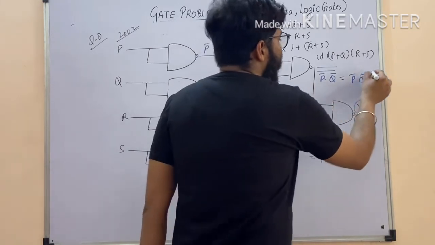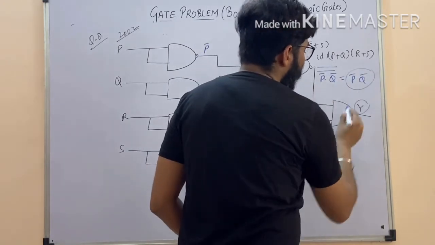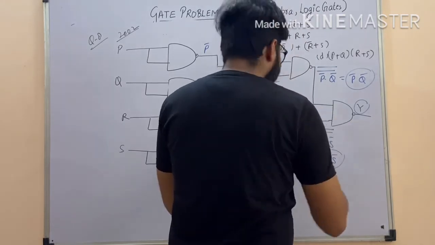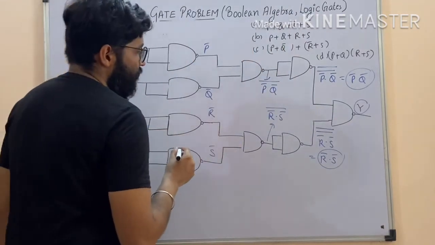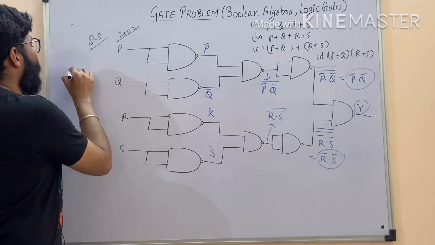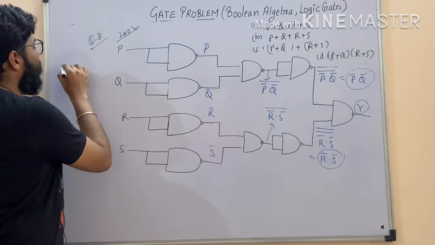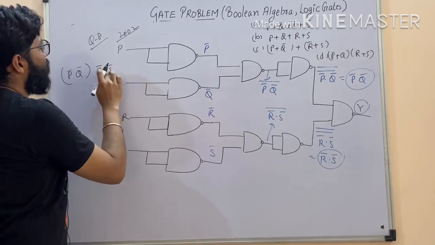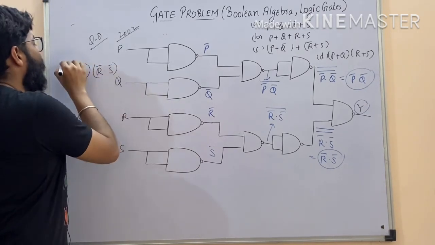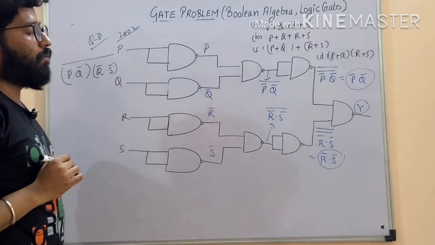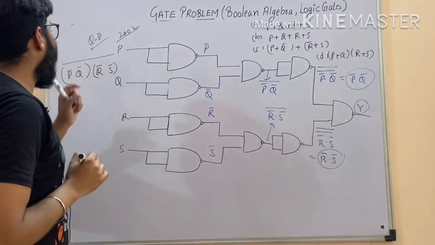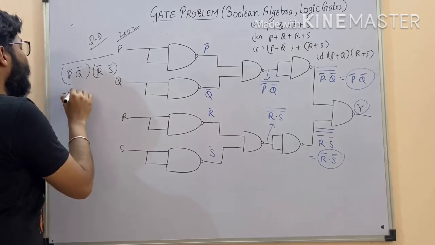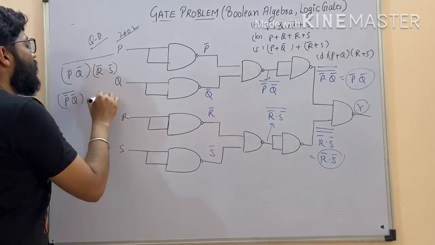Now we'll apply this P complement Q complement and R complement and S complement to the NAND gate. We'll get the answer. Suppose (P complement Q complement) (R complement S complement) to the whole complement. Okay, because this is the NAND gate. Now apply the De Morgan's here, break the line and change the sign.